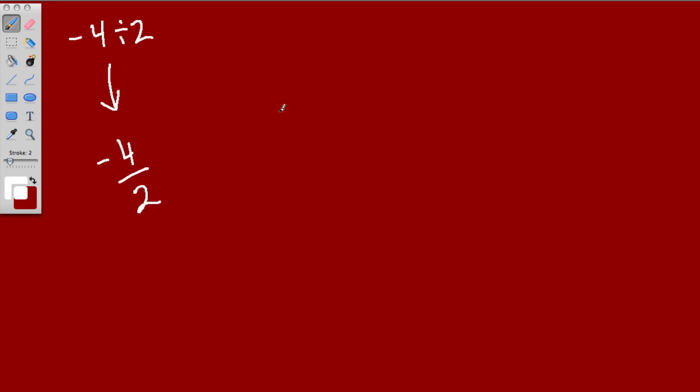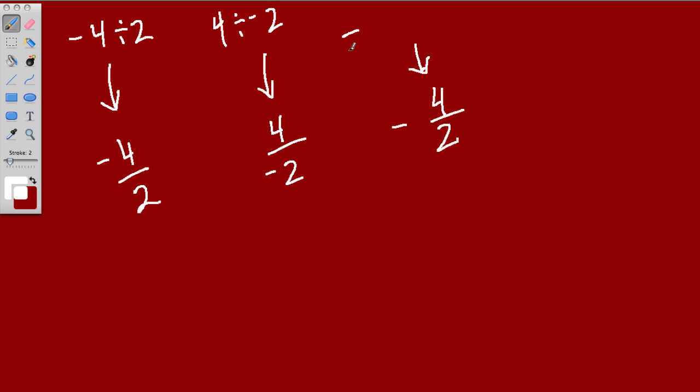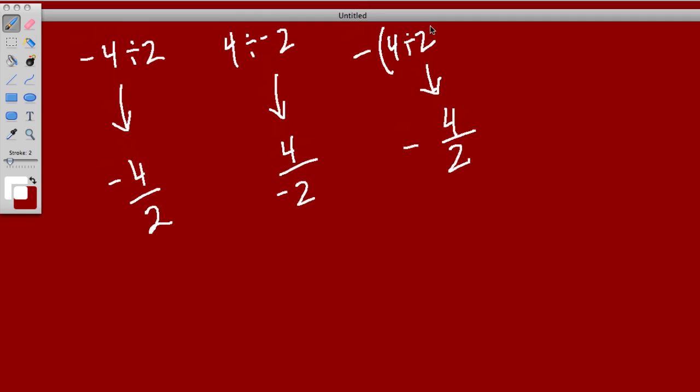Well, what if we had 4 divided by negative 2, and then what if we wrote negative and then 4 over 2? Well, what do these things mean? This one has to mean 4 divided by negative 2, and this one has to mean negative, and then the fraction. So let's put parentheses there, 4 divided by 2.